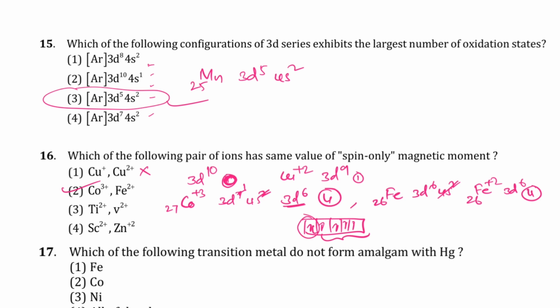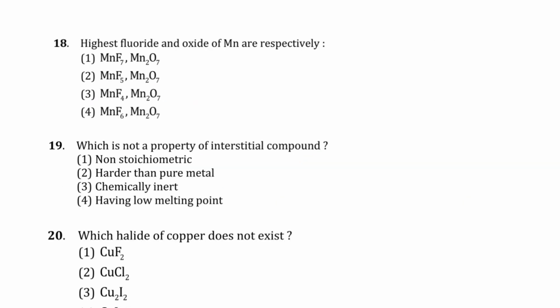Next question is 17. Which of the following transition metals does not form an amalgam with mercury? Generally, all of these do not form an amalgam. Therefore, all of these are the answer. 18th question. The highest fluoride and oxide of manganese are respectively.